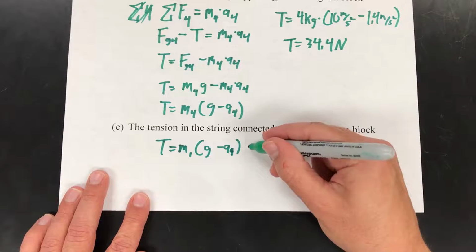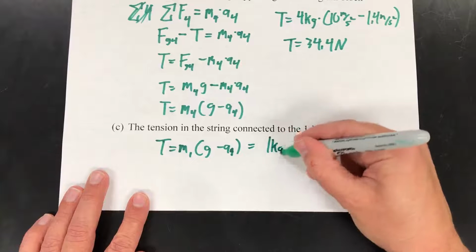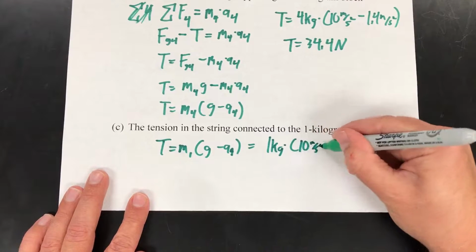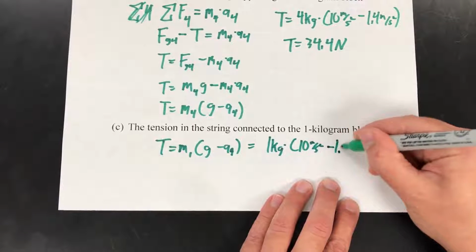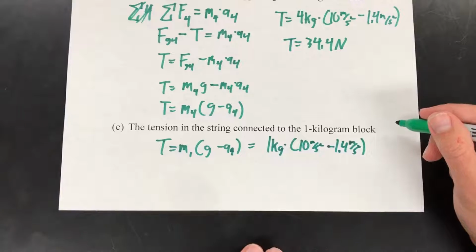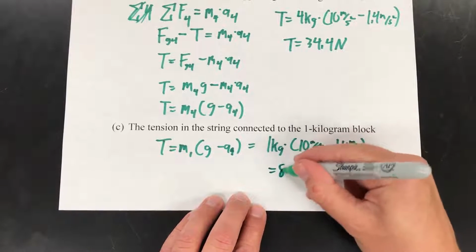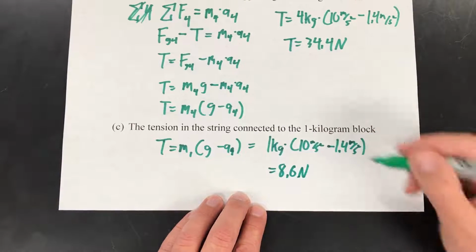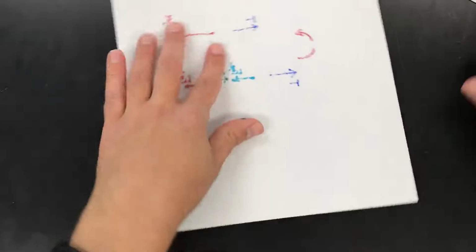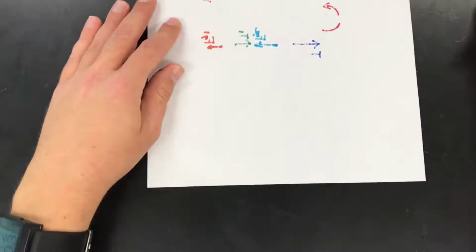And so we can plug in there, mass 1 is 1 kilogram, gravity, again, is 10 meters per second squared, and the acceleration is 1.4 meters per second squared. So then you get 8.6 newtons. Oh, nope, sorry. Let's redo that one. I made a mistake on that last one there for a second.